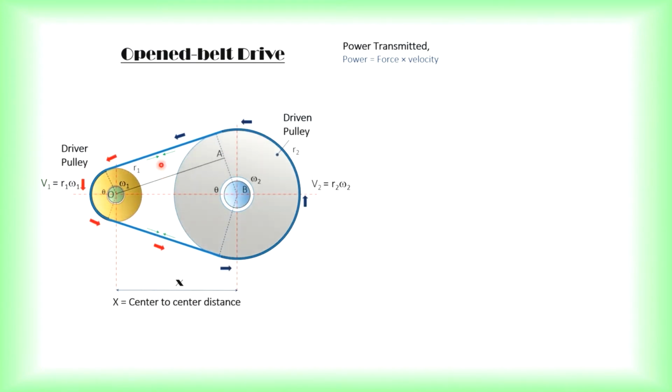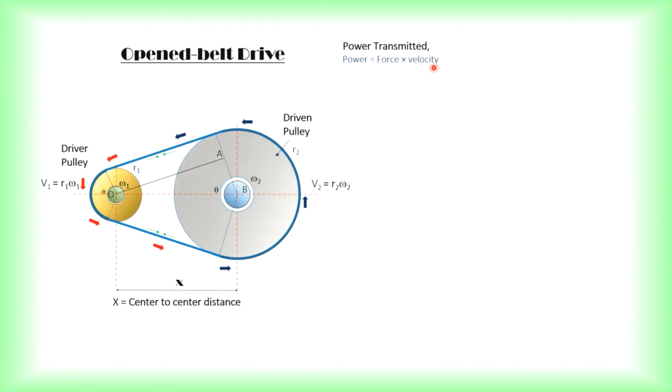Slack side will be minimum, tight side will be maximum. So the force here refers to the effective tension, meaning the difference in tension between the tight and the slack side. You can take the force as T1 minus T2, where the uppercase letter T stands for tension.